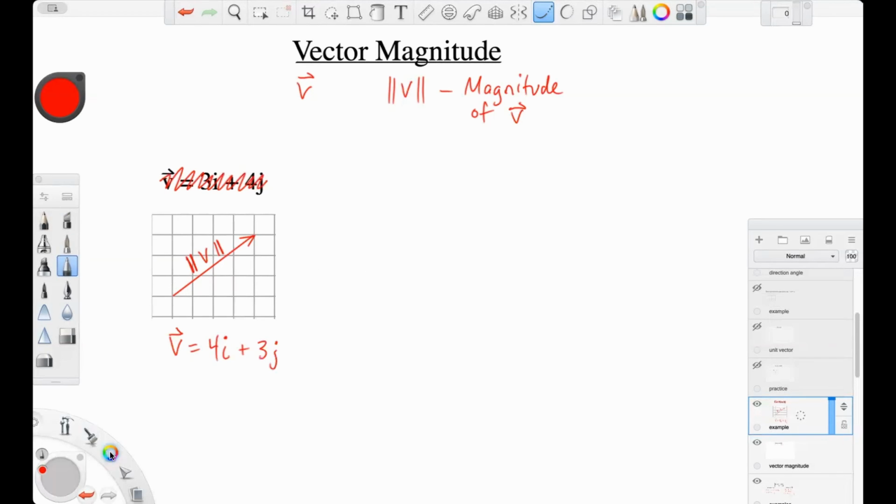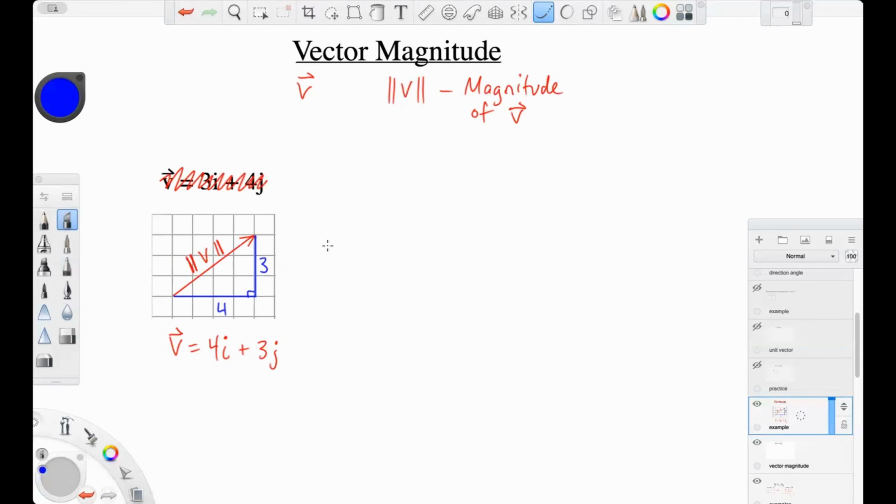So let's look at the components of this vector. The horizontal component is a length of 4, and the vertical component is a length of 3, and we can see that what happens there is we formed a right triangle, right? If we have a right triangle and we know two of the sides, we can use the Pythagorean theorem to find the missing side.